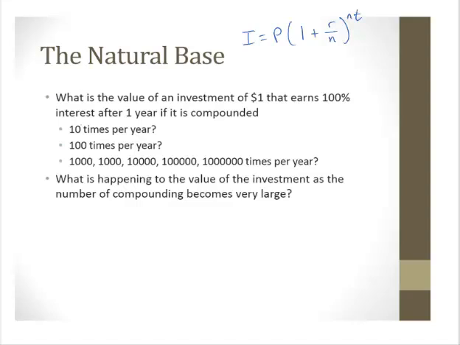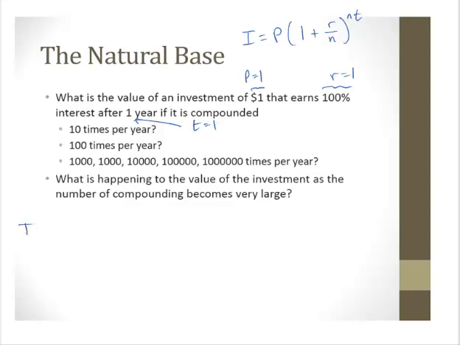We'll go into more detail in the next section, but let's just look at this idea. What is the value of an investment of $1 that earns 100% interest after 1 year, if it is compounded however many times per year? So investment of $1, P equals 1, that earns 100% interest, R equals 1, after 1 year, T equals 1.